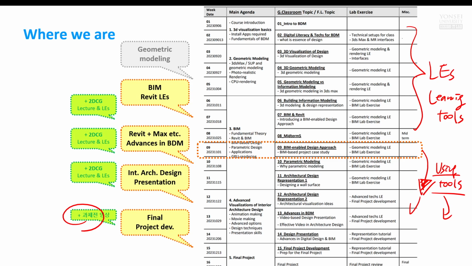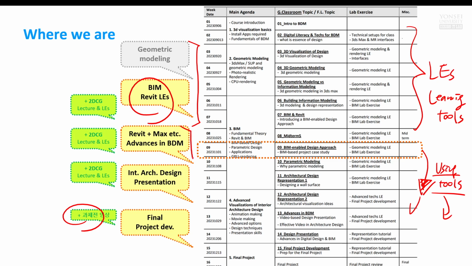Okay, so now, so far we learned geometric modeling tools using 3D Max, Arnold, and some more. Some beginning with 2D computer graphics. Mostly we learned Revit, BIM in theory and in practice exercises.